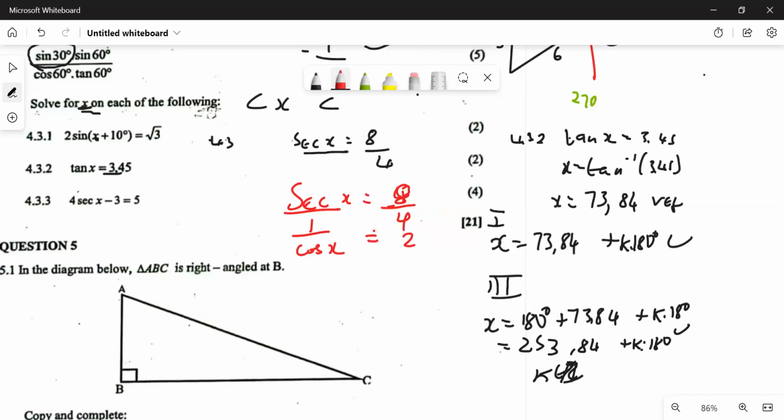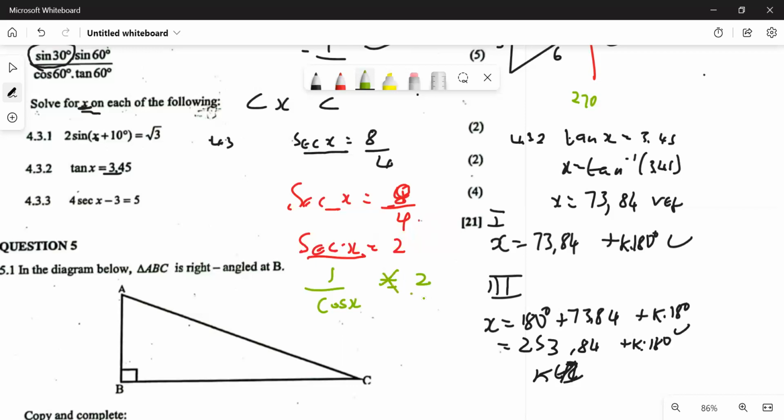This is 2, and then you can cross multiply here. So we have sec x, which is going to be 2. Sec can be written as 1 all over the cos of x, which is going to be 2 again.